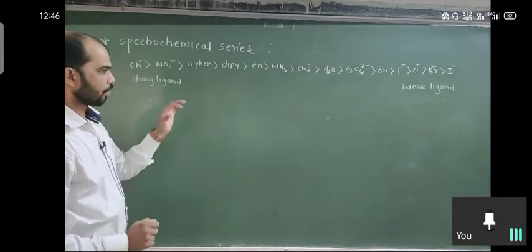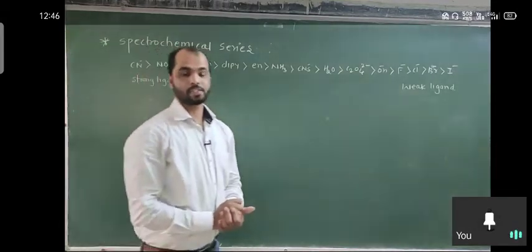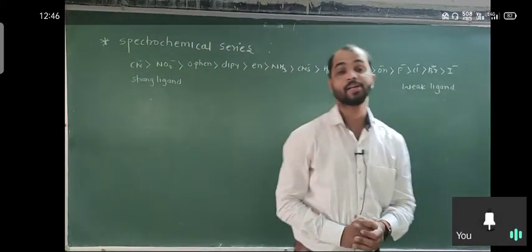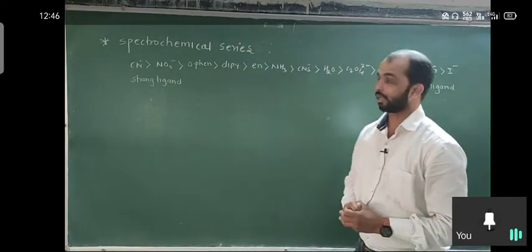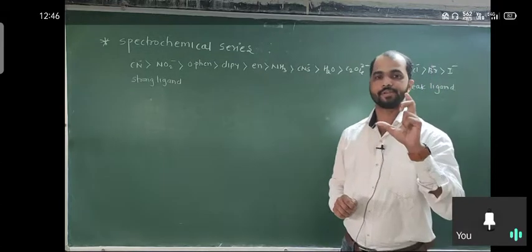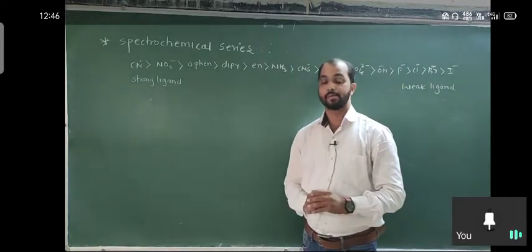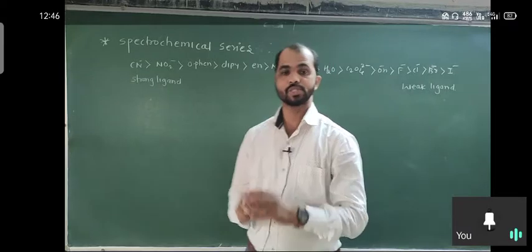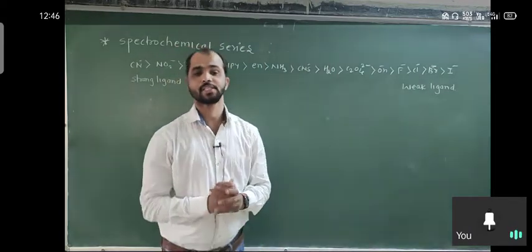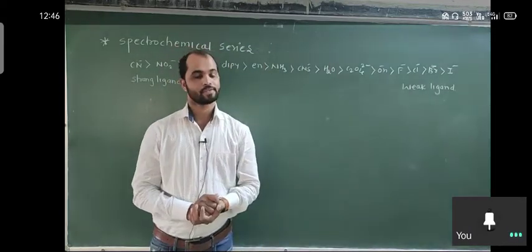So the idea of this series, which causes the splitting of d orbital, is that if two complexes have the same metal ion but different ligands, they show different values of absorption, which is listed in the table given in the book.